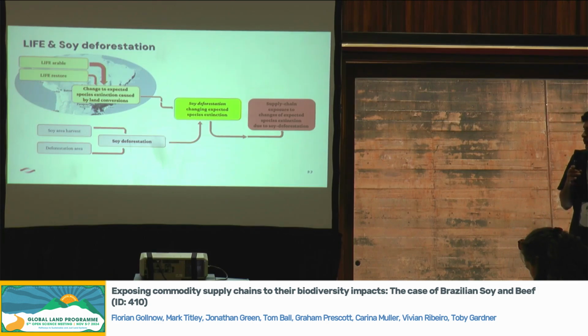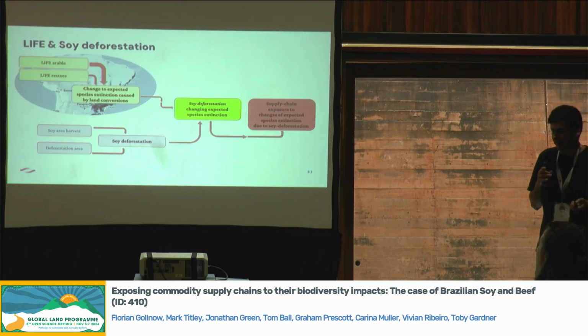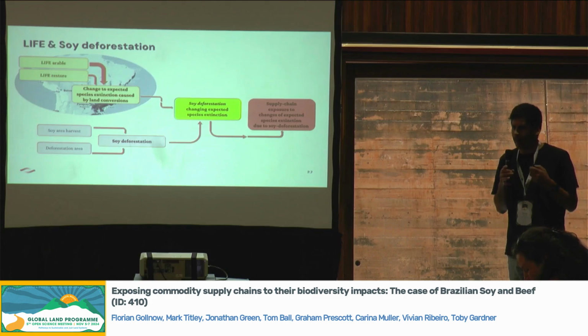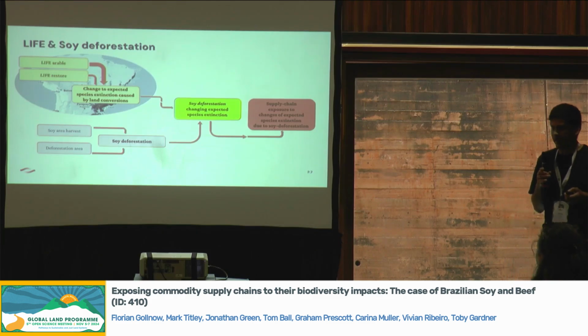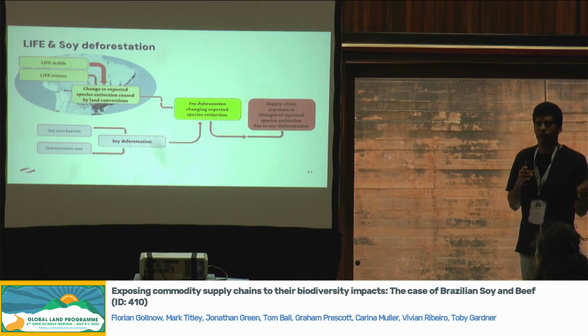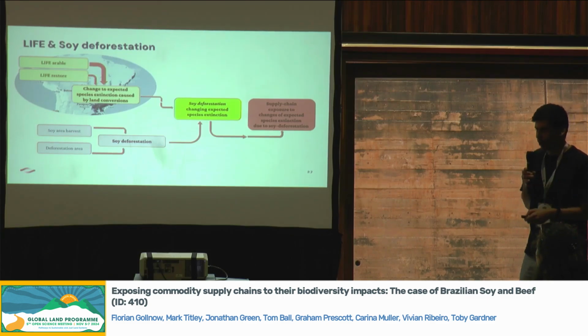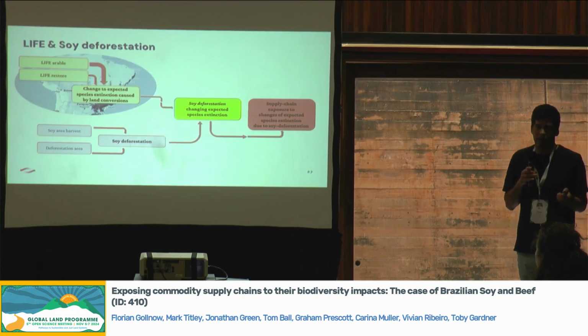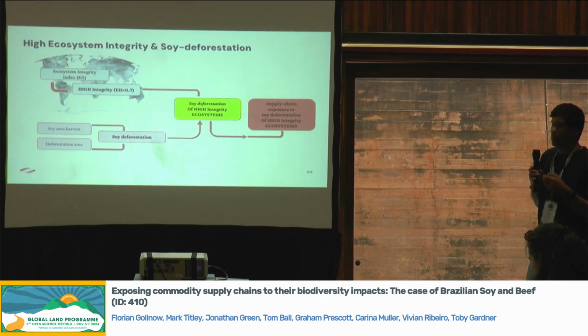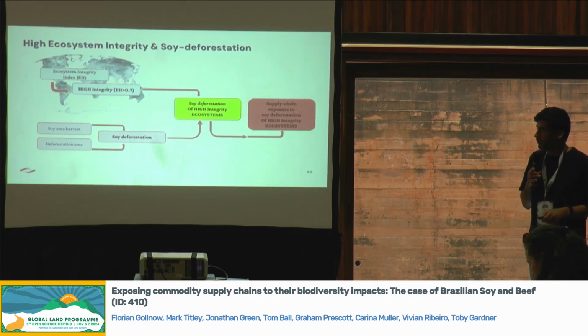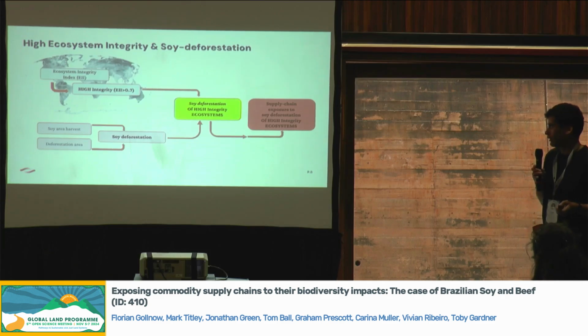And then I use the Trace data to link that to the supply chains, where we model the trade relationships between soy production, soy traders, and importing countries based on trade records and shipments. And I do basically the same for the high integrity ecosystems, so this is very similar.